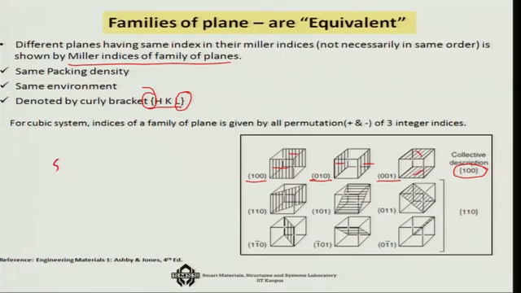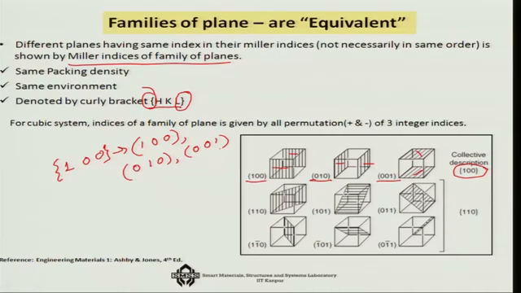So, that means your curly bracket 1 0 0 can actually generate 3 of the planes, that is the 1 0 0 plane and the 0 1 0 plane, whatever are the combinations possible, 0 0 1. So, that is what we have shown.